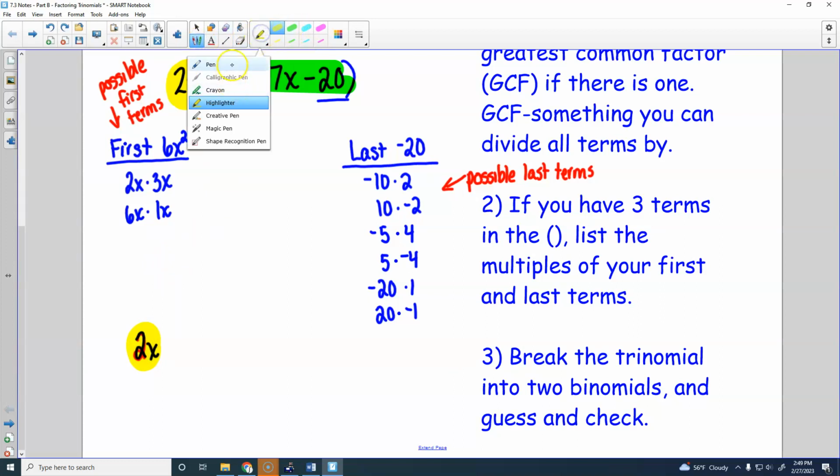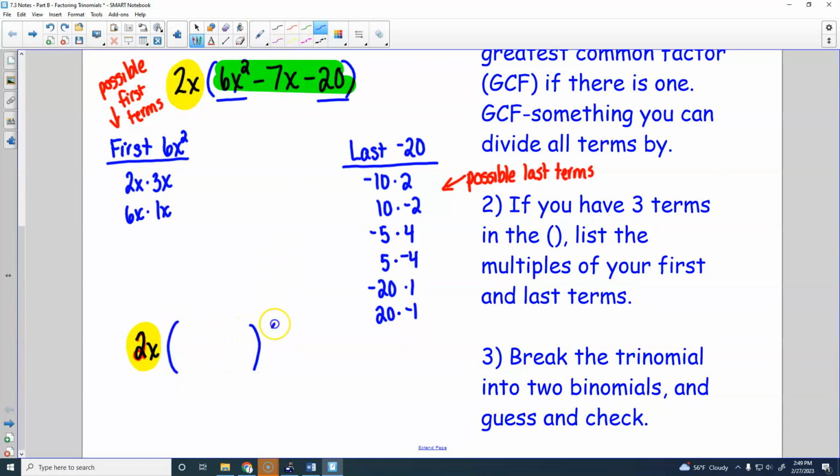But what we're trying to do, and you want to do this in pencil if possible, is have two sets of binomials, and in each binomial we'll have a first term and a last term, right?